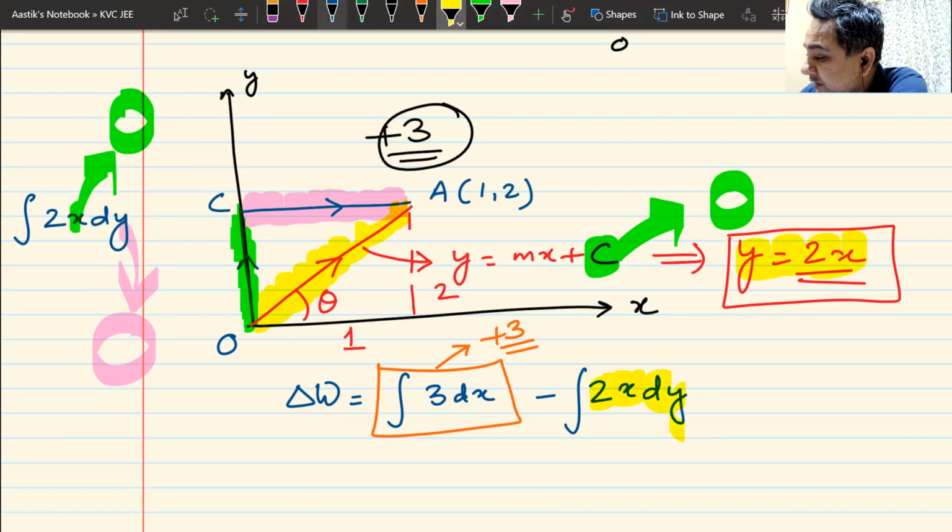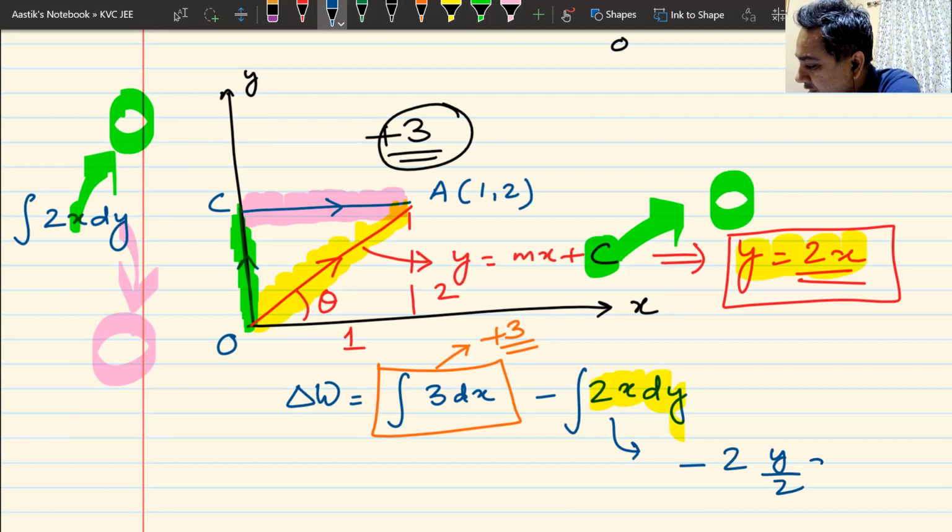So this integral now becomes, I'll just concentrate on this integral, minus 2 times y by 2 dy. Now I integrate it. This 2 goes away. This is only the integral of y dy. Now I can just put the values of y. Y varies from 0 to 2. The integral is y square by 2.